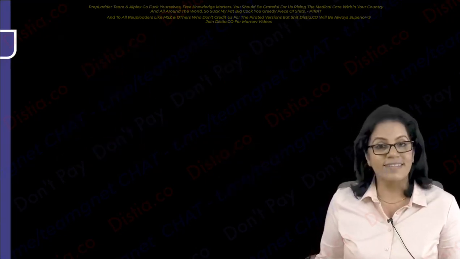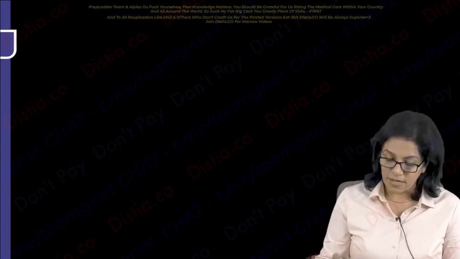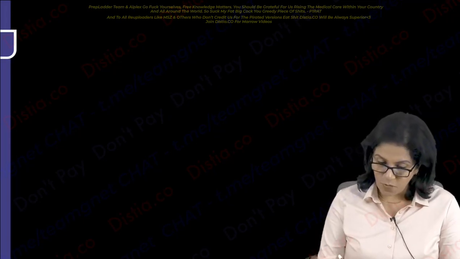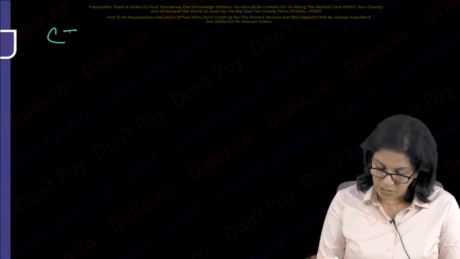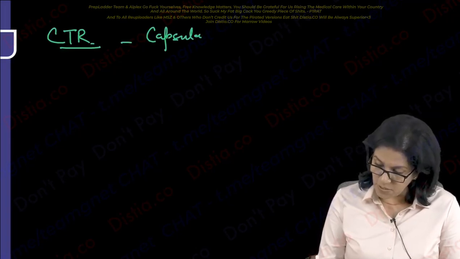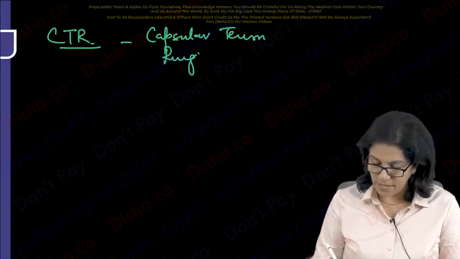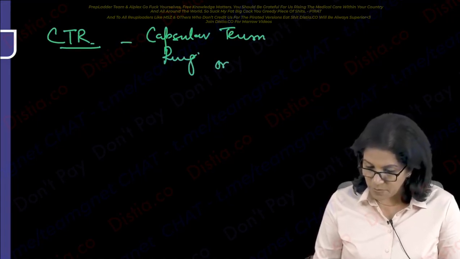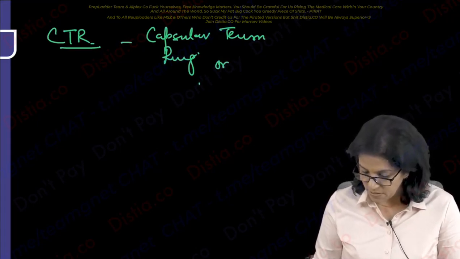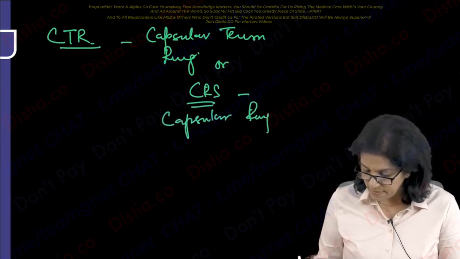So how do you do that? If 9 or fewer than 9 clock hours are involved, we can go for capsular tension rings. I'll just show you. This is a capsular tension ring, or you can say capsular ring segments, CRS.